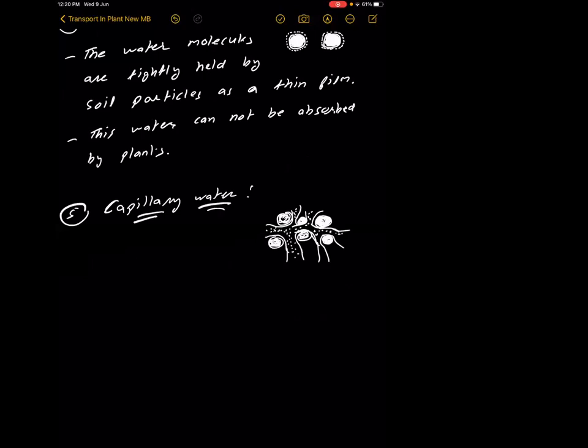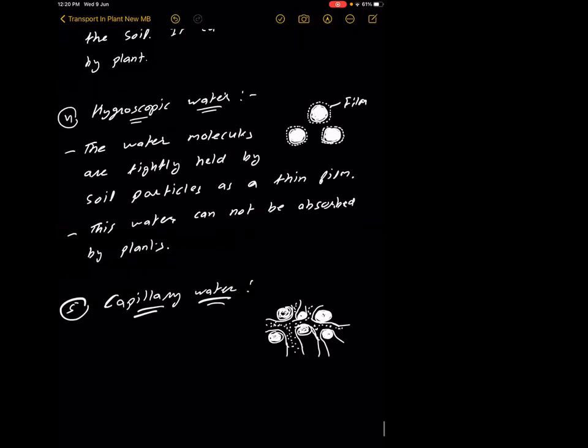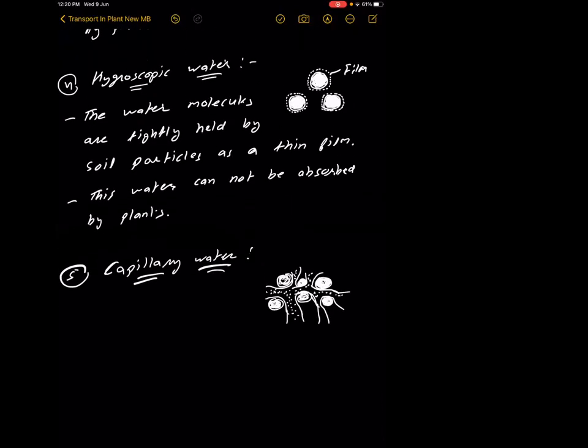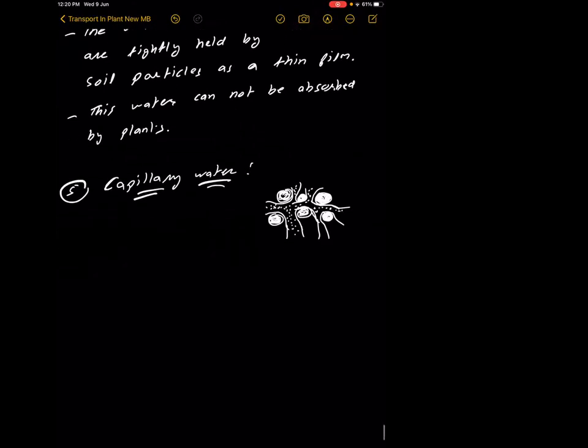Sir, can you once repeat what is capillary water? I had network issues due to which I couldn't hear. From which point? Capillary water only. Capillary water, it means what? These are soil particles.